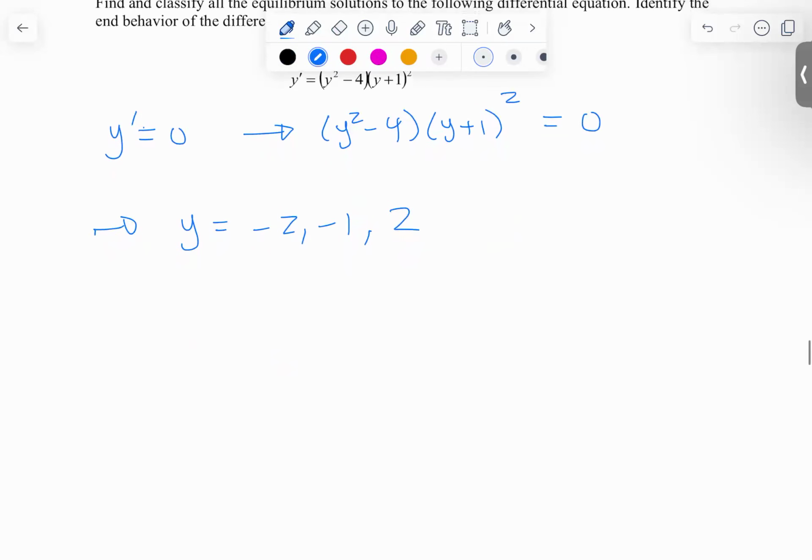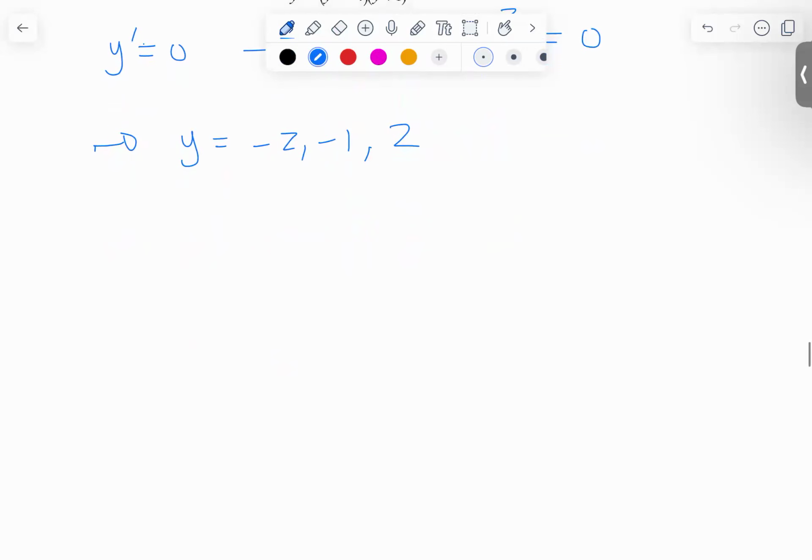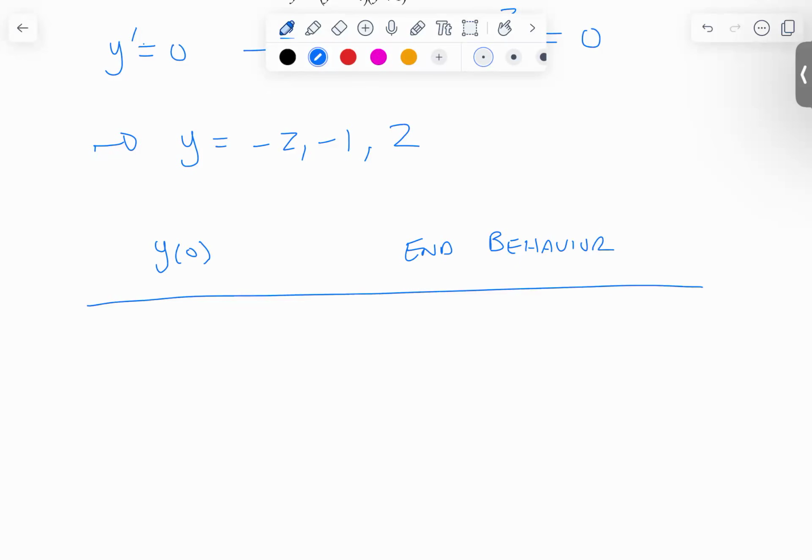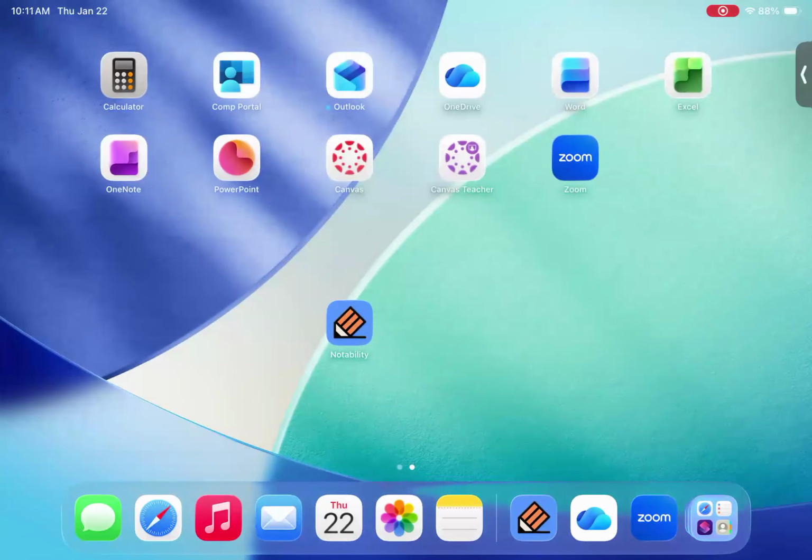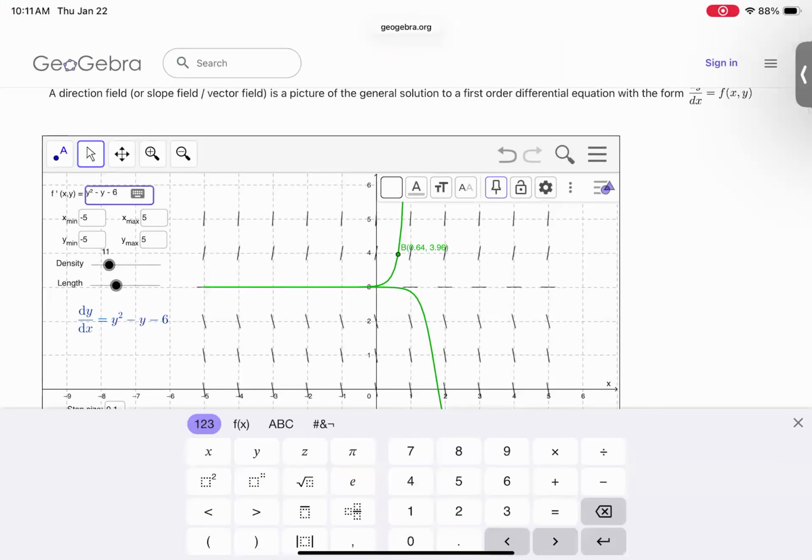Nothing difficult to those solutions. Let's see what that looks like.